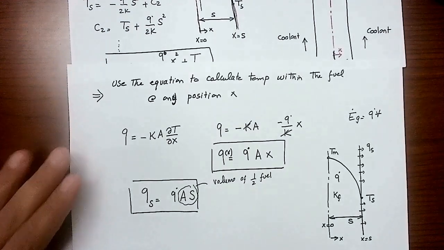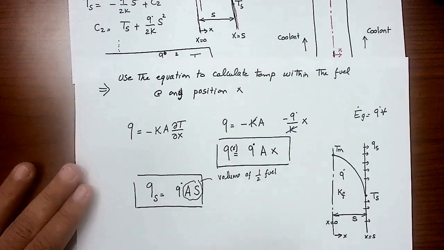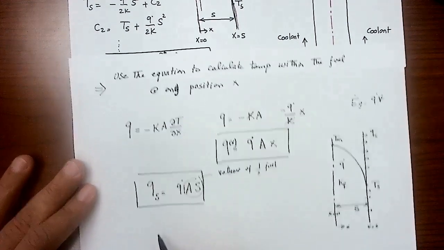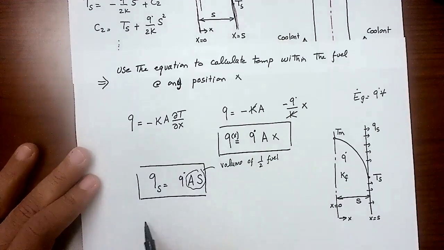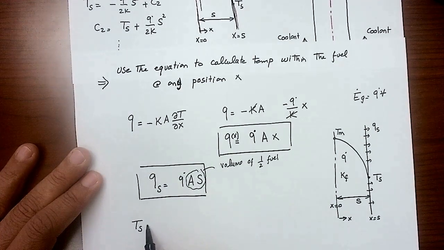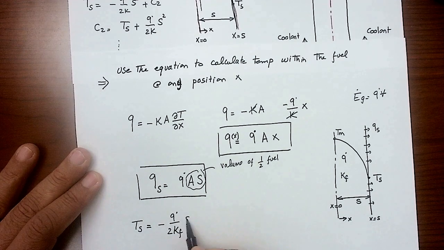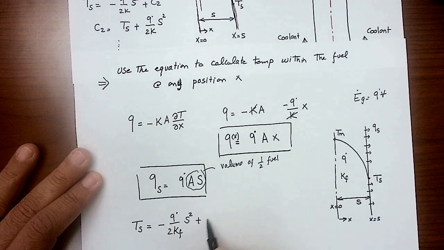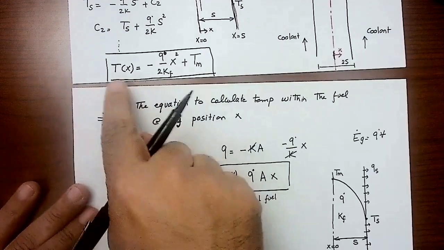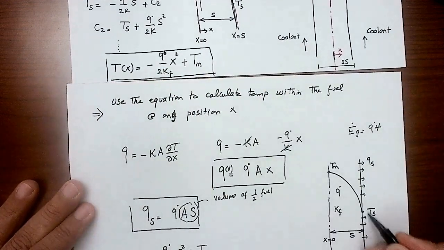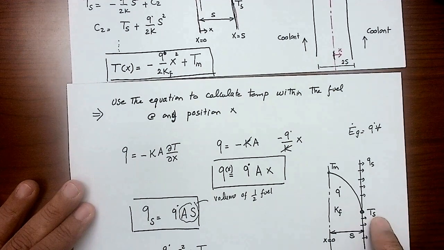Then we can manipulate the equations a little bit. I'm going to rearrange for the temperature. I can get this equation: T surface is equal to minus Q dot over 2 Kf S squared plus T max. What I did actually, I went to this equation because I want to calculate the TS. So what is the coordinate of that TS?